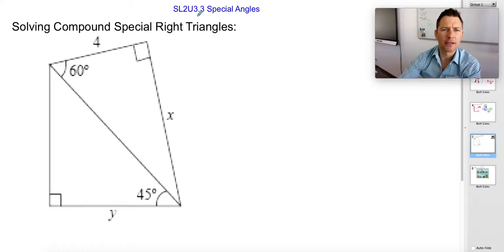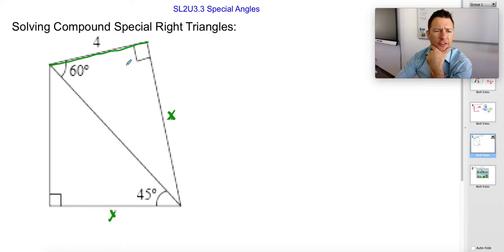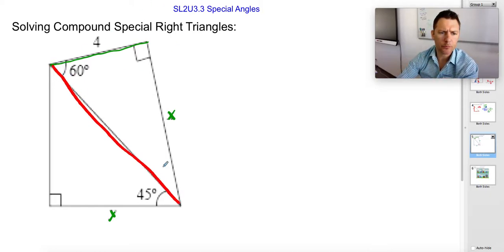We're starting here, and we're trying to find x and y. Well, this is a 30-60-90, so one easy part is that the hypotenuse should be 2 times the short side. The short side is 4, so the hypotenuse should be 8.